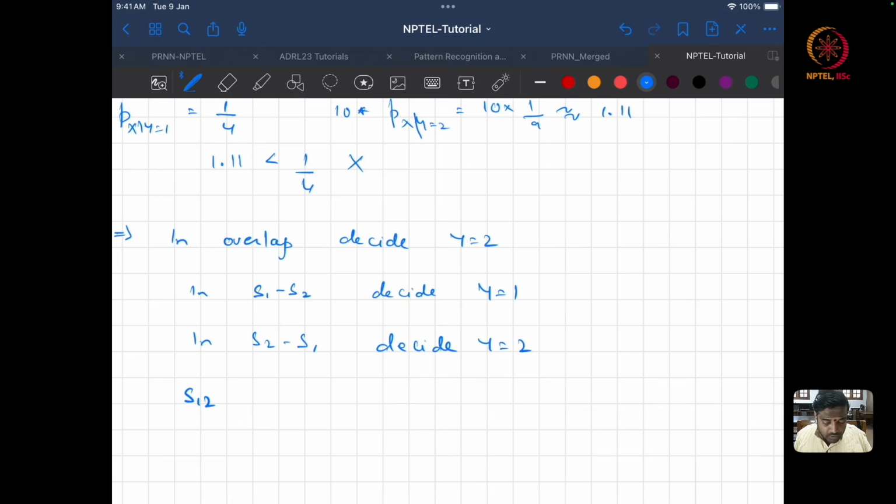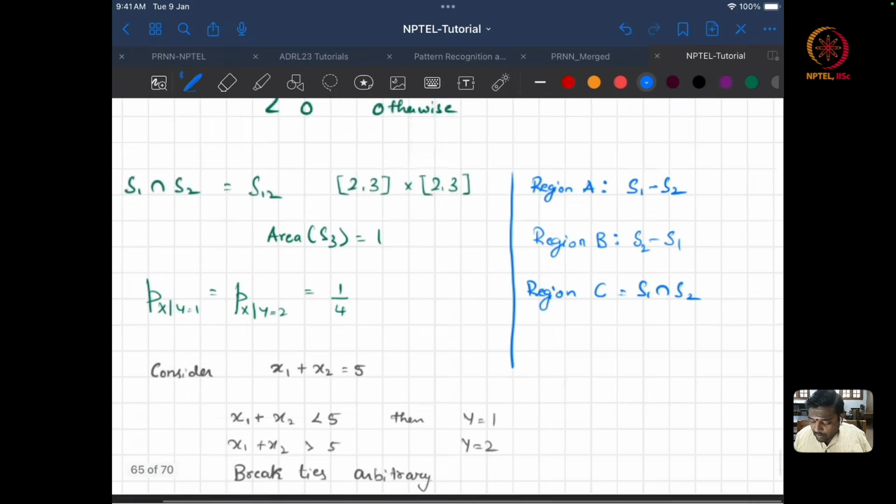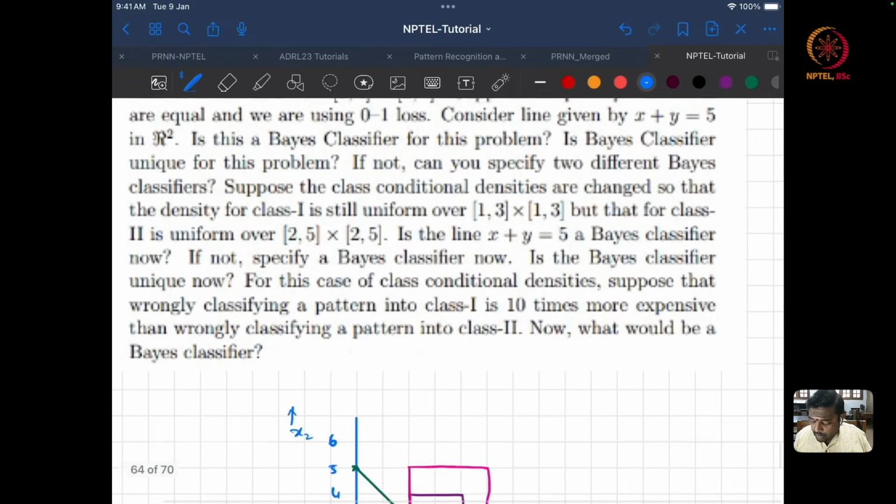In S12, which is the overlapping region, we decide y is equal to 2 due to the high cost of falsely classifying it as y1. This completes the problem. This is how we approach a given problem and then solve it.